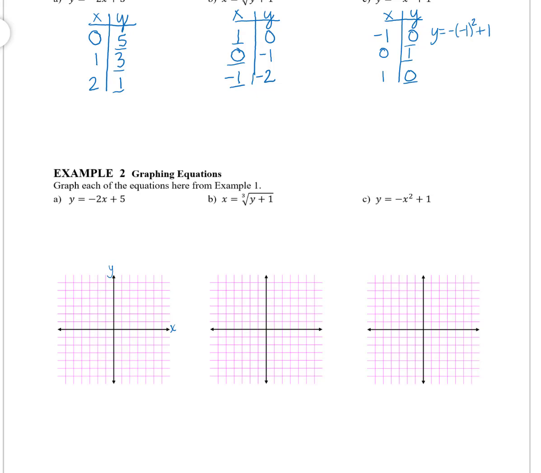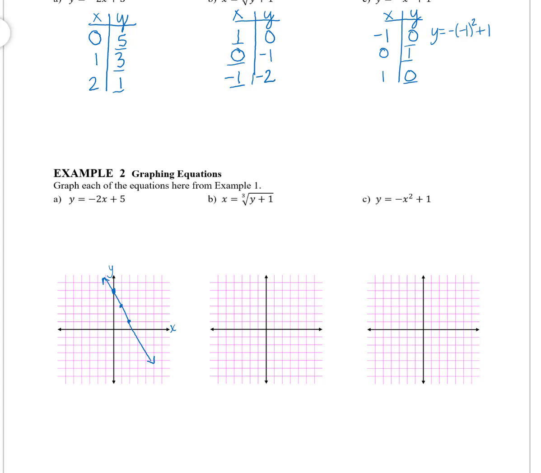So for the first equation, plotting 0, 5, it's on the y-axis, 1, 3, in the first quadrant, and then 2, 1 is also in the first quadrant. This is a straight line. Whenever you have a linear equation, that's when both x and y are just to the first power, it's going to be a straight line.